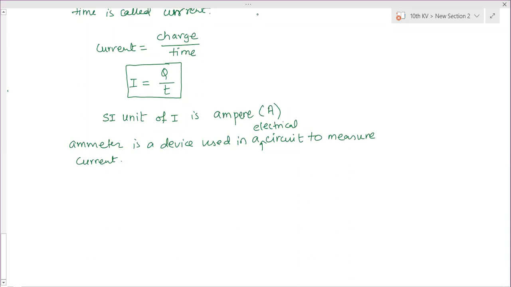So an ammeter is a device used in an electric circuit to measure the amount of current, and it is connected in the simple circuit. I will show you.